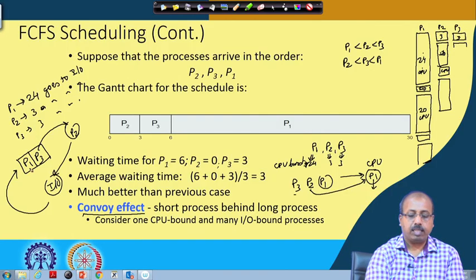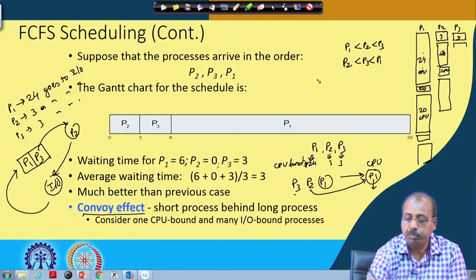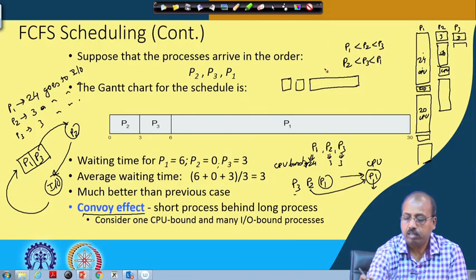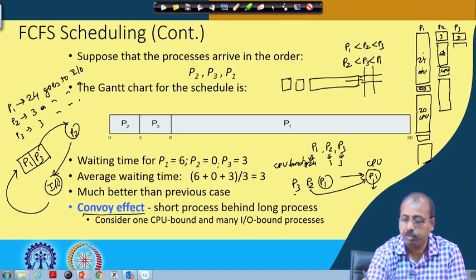So, this is some sort of convoy. If there is a big convoy going on and some small cars behind it, suppose there is a road crossing here, then this convoy takes a good amount of time to cross that crossing.